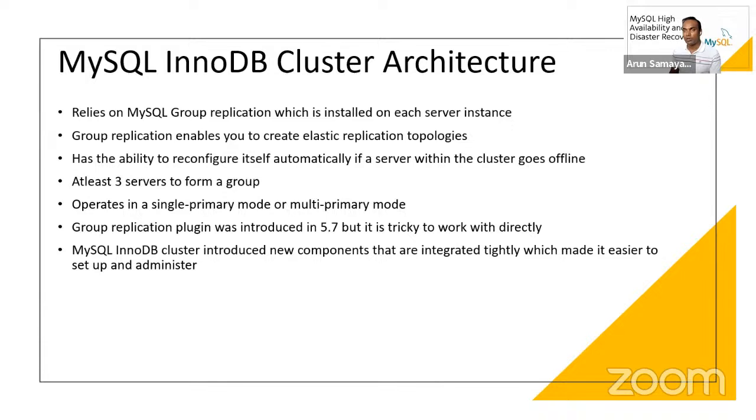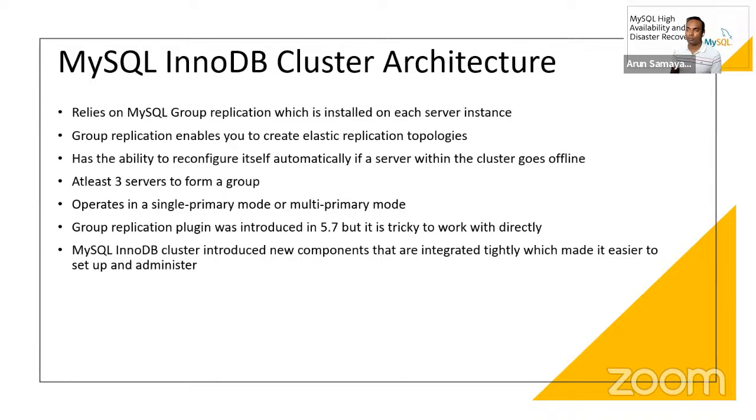The main functionality of group replication is to create those elastic configurations depending on our application use cases. Like Ravi sir shared earlier in the presentation, you did see different replication topologies. You can use these replication topologies to create a source and replica configuration, or a source to multiple replica configuration, and it all depends on your application use cases.